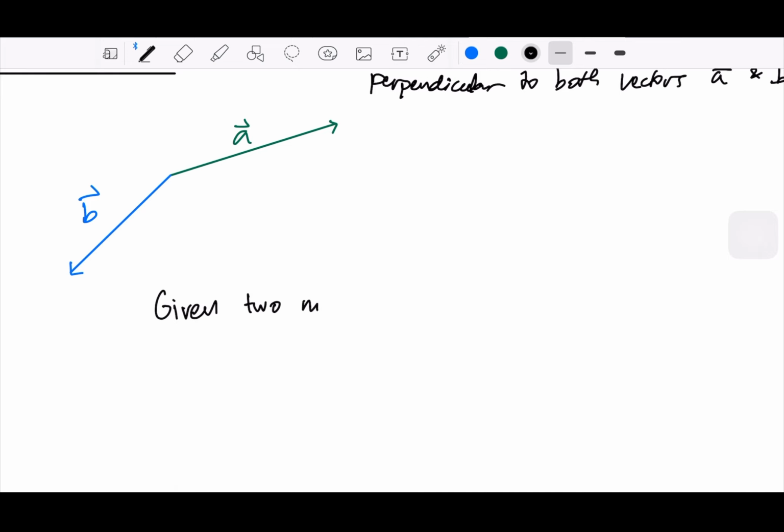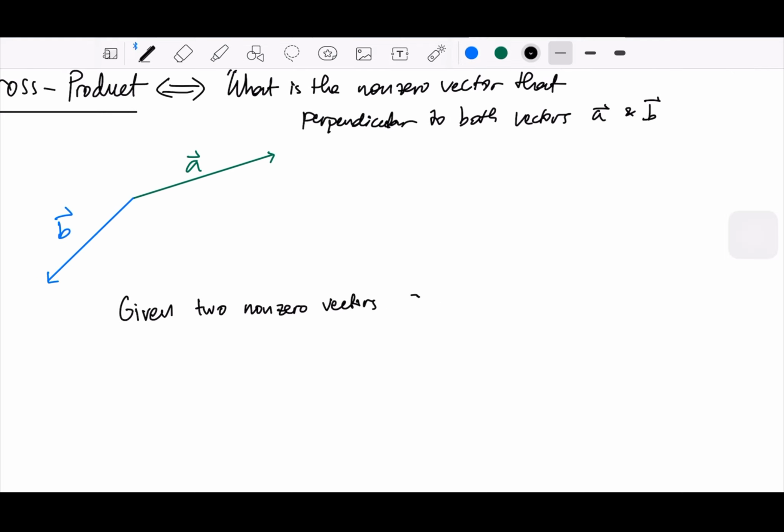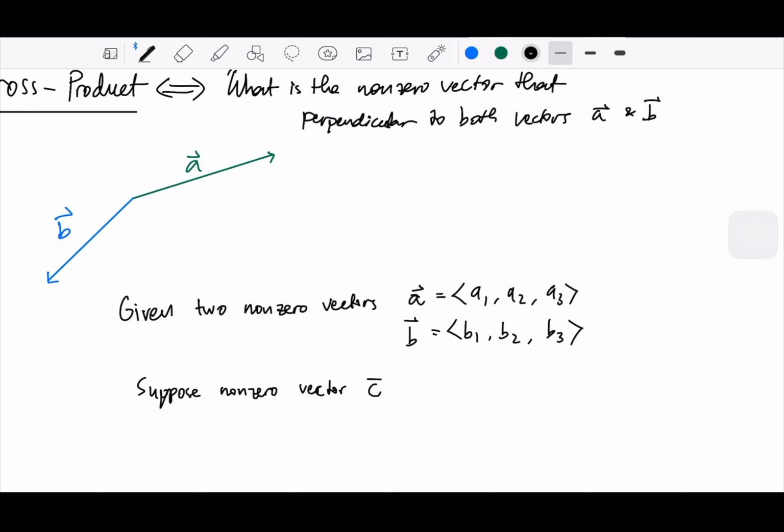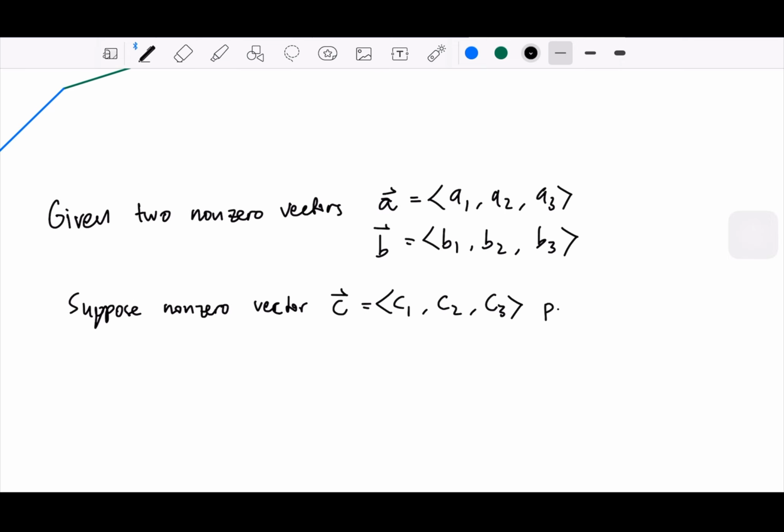Okay, so given two non-zero vectors, let's suppose we have another non-zero vector C, with components C1, C2, C3, and this vector C is perpendicular to vector A and vector B.